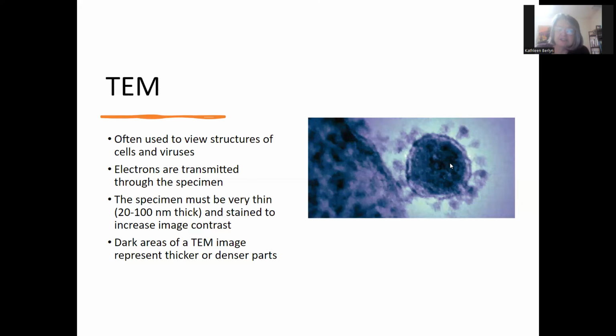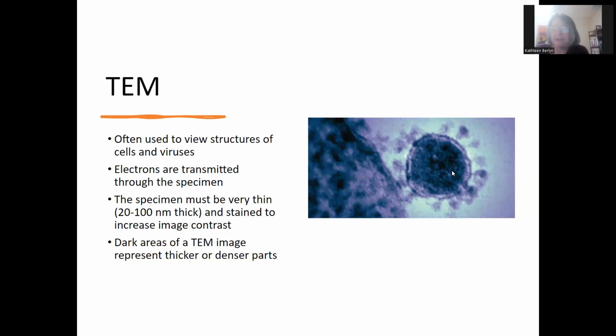So here you can actually see the COVID-19 virus with a transmission electron micrograph. This is a picture of that. We can only see these images through computers, and usually they are artificially colored.